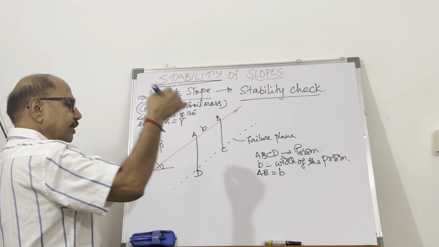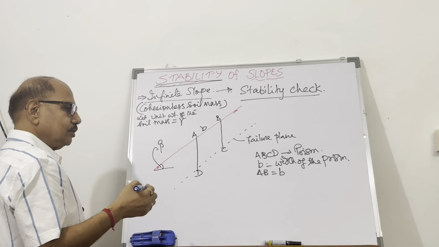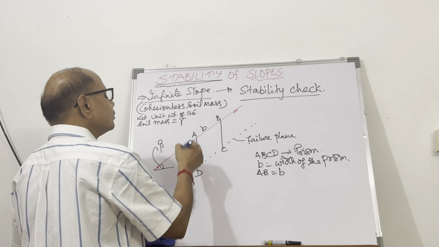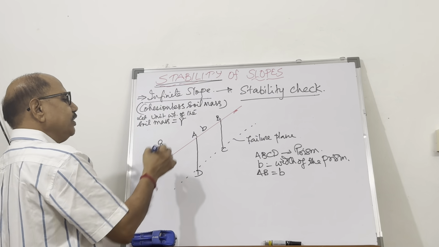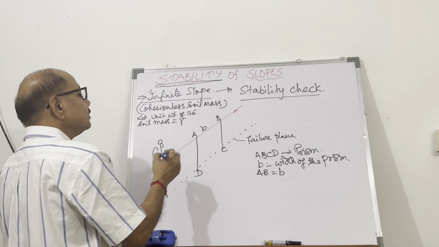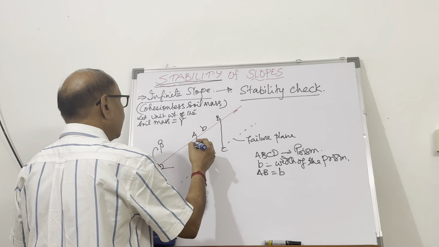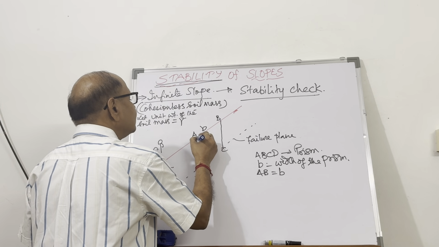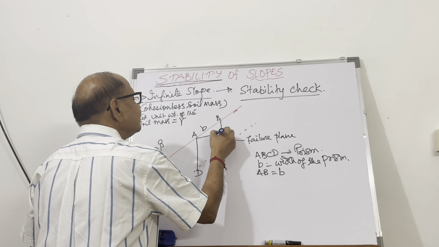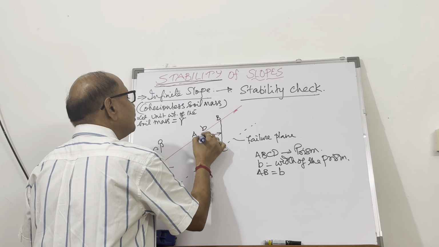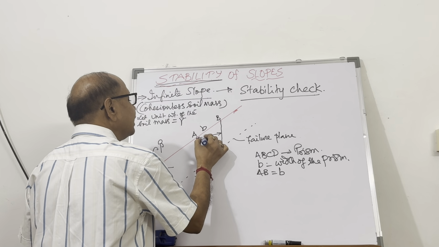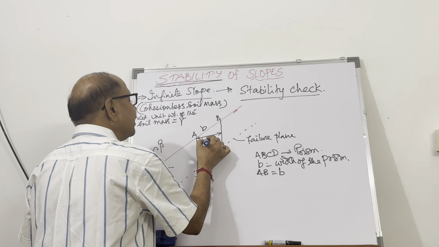And let's say we take perpendicular to the board a unit distance, so unit length. Then what would be this horizontal distance? It will be B cos beta, because this angle is beta.